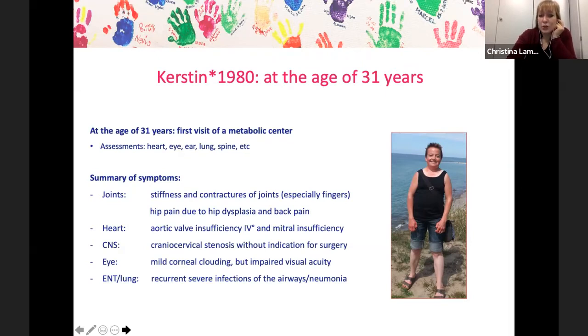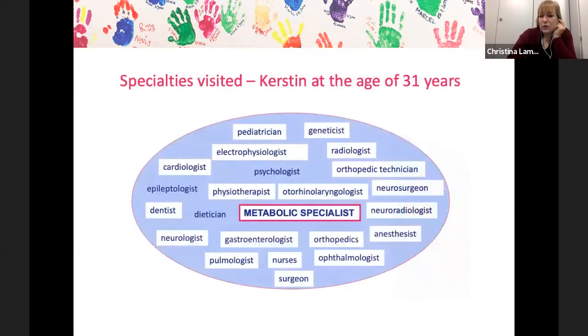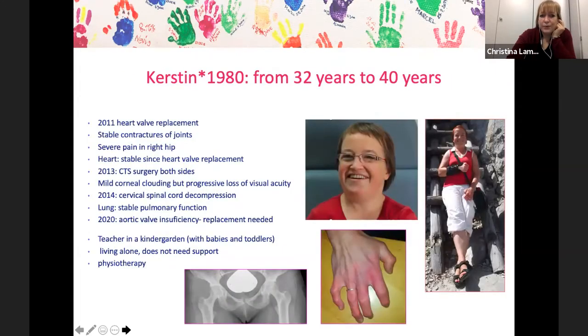She had a mild corneal clouding of the eyes and impaired visual acuity, and she had the lung involvement, and you saw that in the pulmonary function. So at the end, at this age, when she started to be seen by a center or a metabolic specialist, she had quite a lot of specialties that should visit her.